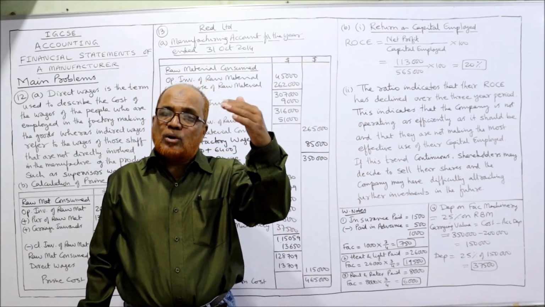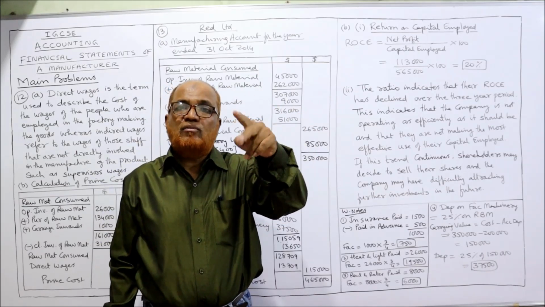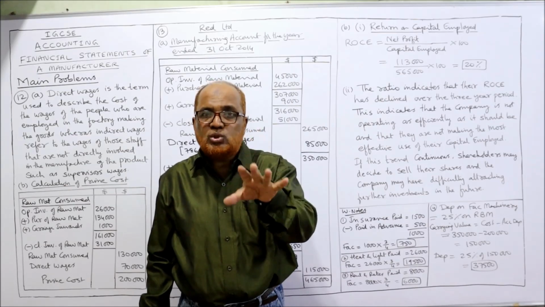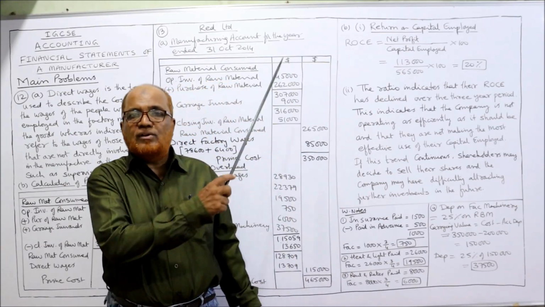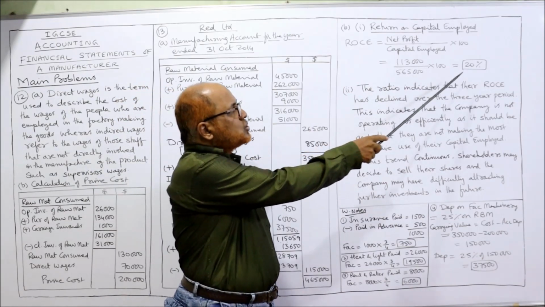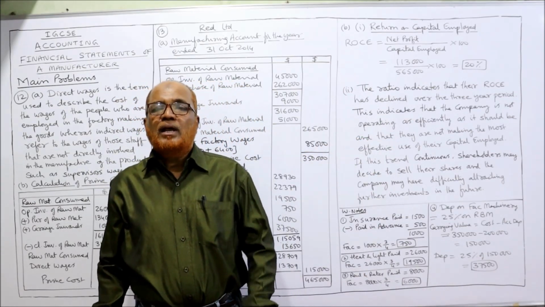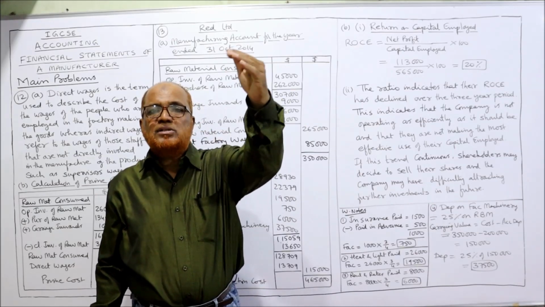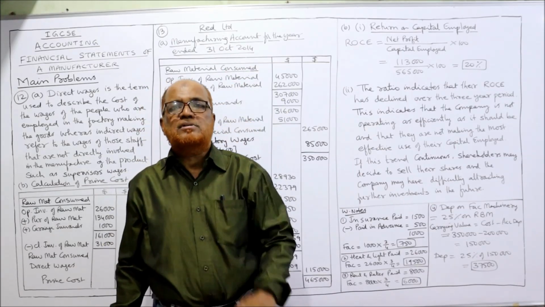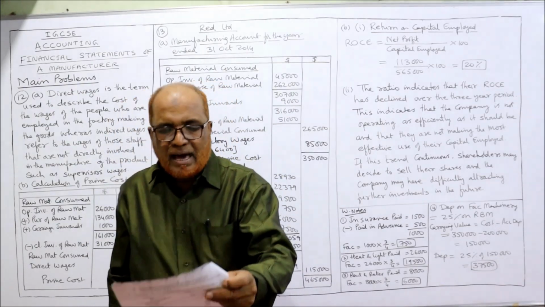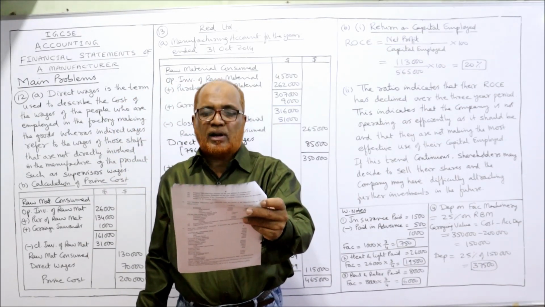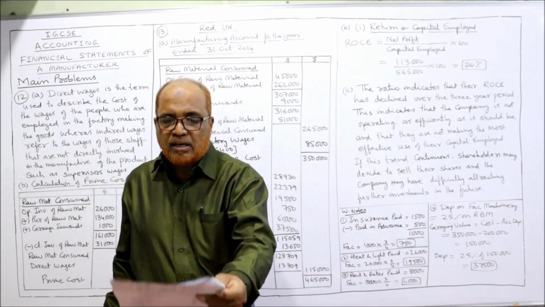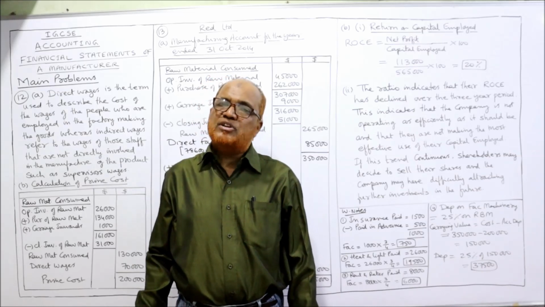So actually 2012 ROCE was 28%. 2013 ROCE was 25%, and 2014 ROCE is 20%. So you can see the last 3 years ROCE is declining, 28%, 25%, then 20%. Now what it is asking, evaluate the significance of this ratio for Red Limited and state with reasons whether you believe that the company is operating effectively, efficiently.